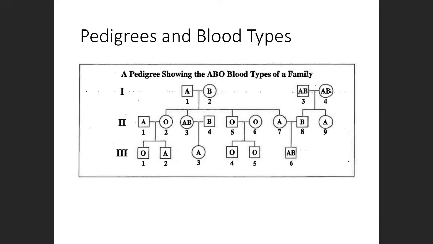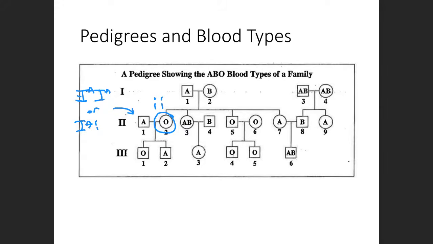For example, this individual here, we know the genotype. Blood type O is little i, little i. But what's the genotype of this one? It could either be big IA, homozygous A, or it could be big IA, little i. So there's two possible genotypes. Which one is it?